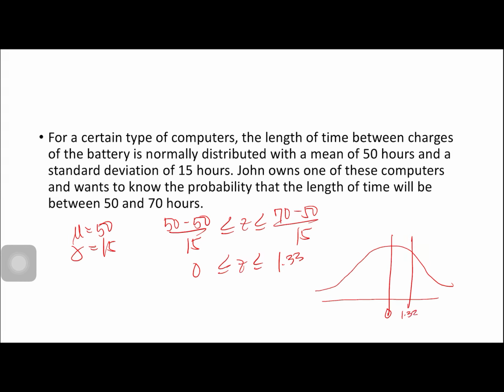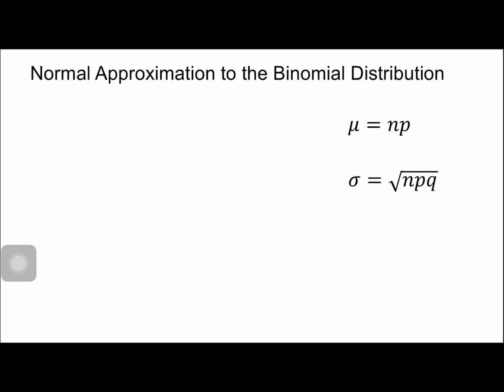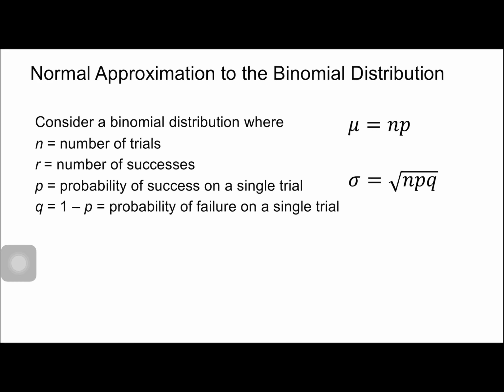So we have here 0 to 1.33. So we can use Q. Q of 1.33 is 0.40824. Okay?